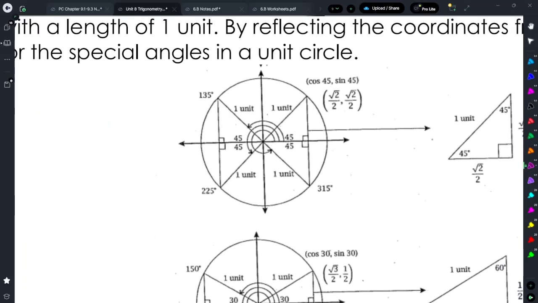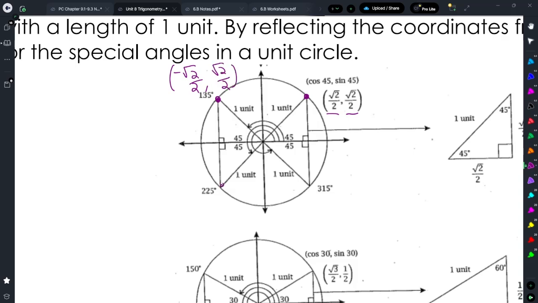So over here in quadrant 1, we have positive square root of 2 over 2 and positive square root of 2 over 2. If I reflect that over to quadrant 2, in quadrant 2 my x values are negative, so this is going to be negative square root of 2 over 2, comma, square root of 2 over 2.